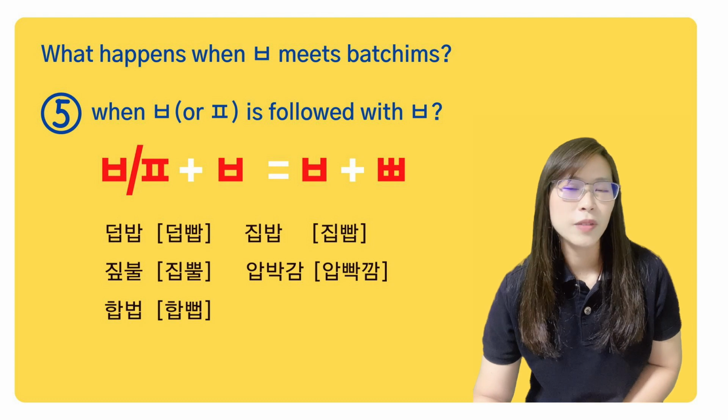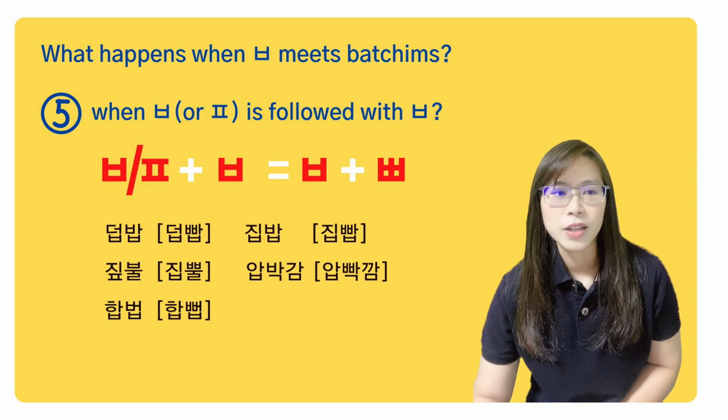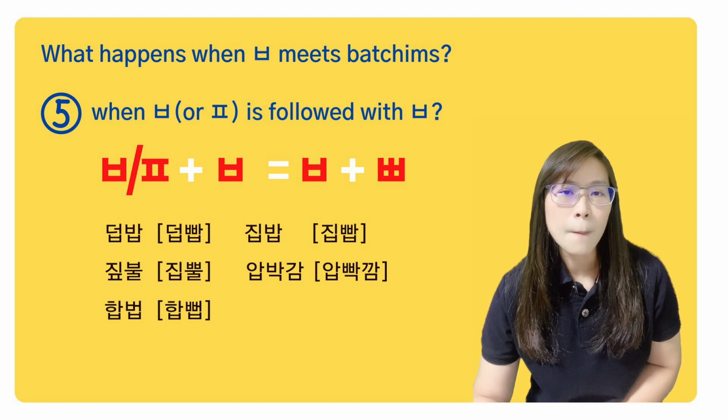And the last one, if the B or the P is followed by another B, then this is how it becomes. 덮밥 becomes 덮밥.